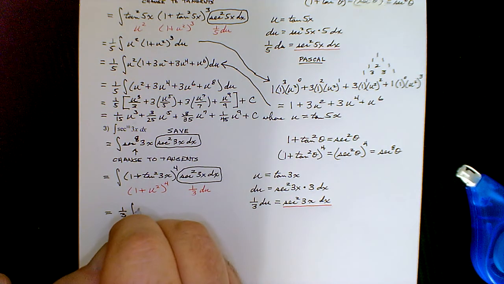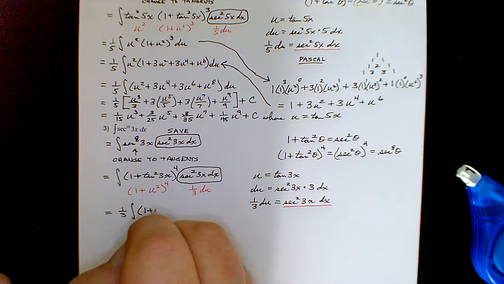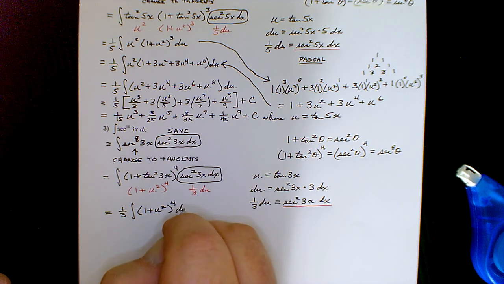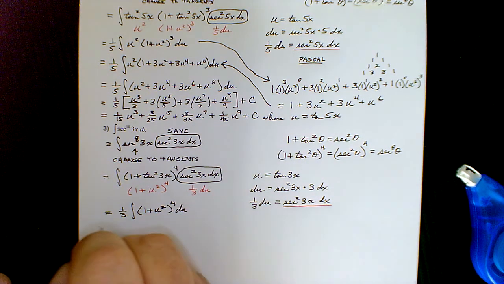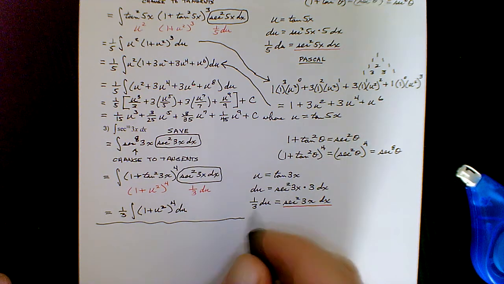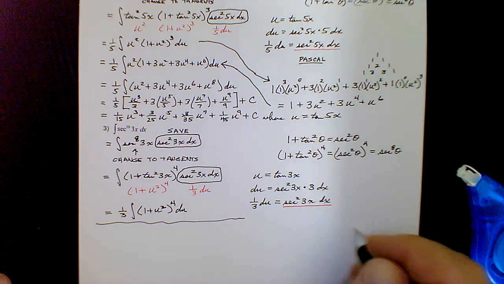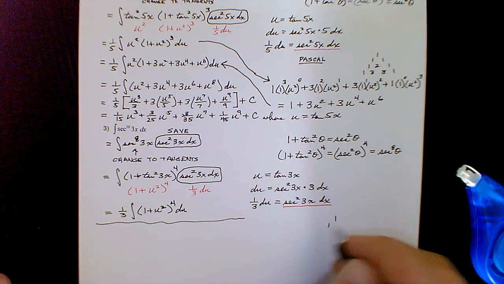Change of variables, 1/3 integral, 1 plus u squared, now as a quantity to the 4th with respect to u. And I'm going to draw a little wavy line again because I see a binomial to a power 3 or greater. So Pascal, once again, got enough room to do it, I think, here with the little wavy line.